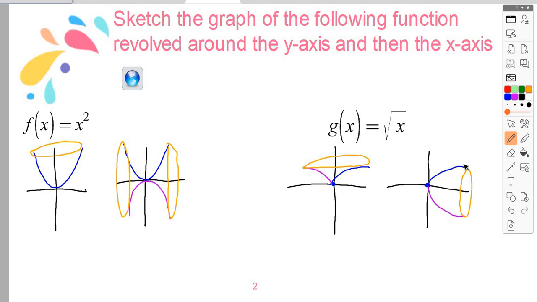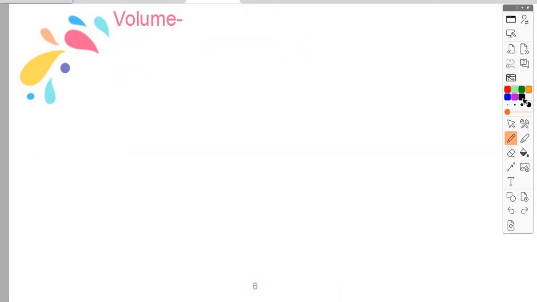Alright, so then we kind of talked about this next part, but we are looking for the volume of a shape. So let's say that I had some graph, it doesn't really matter what it looks like, but let's say it looked like that.